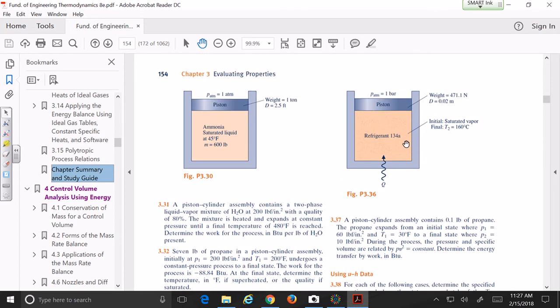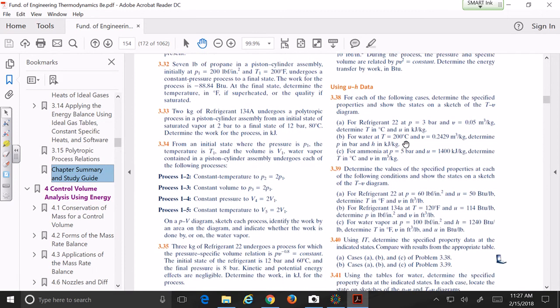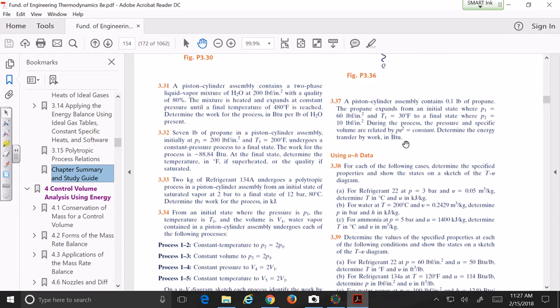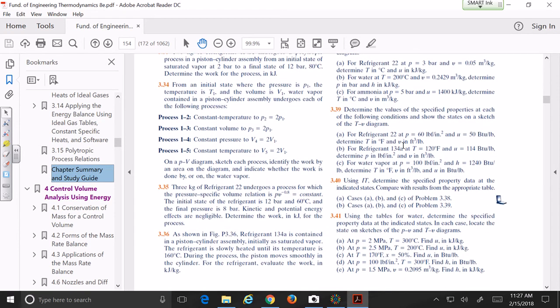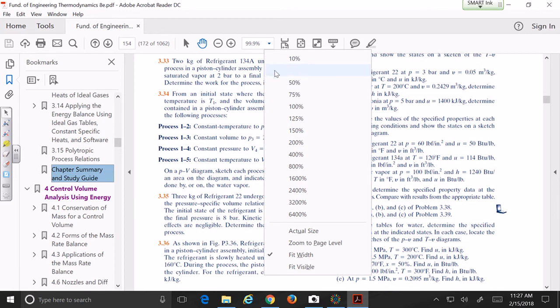So I don't know if 336 is part of the homework? Oh, it's 35, no? 36? Somebody asked me about 35. Let's see what 36 is. Is that one part of the homework? No. So what about, guys, you work on 336?